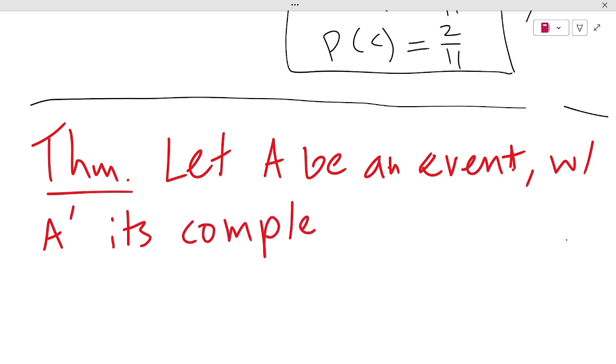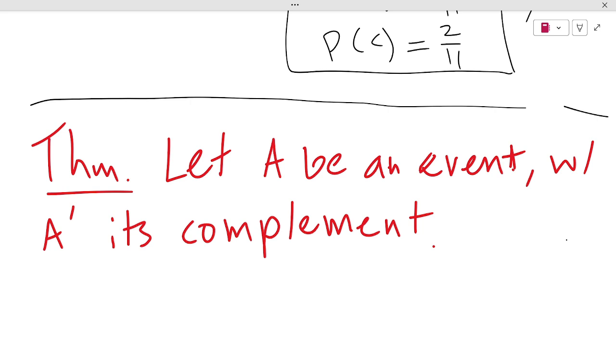A lot of times I'll just read this A prime symbol as A complement. It means, going back to the set notation, everything that's not in A. So if our universe is the set of all natural numbers, and A was all even numbers, then A complement would be all odd numbers.